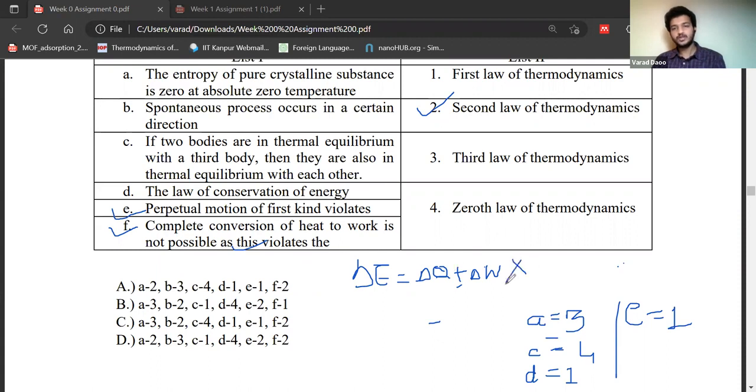However, the first law does not tell us how much heat can be converted into work and how much work can be converted into heat. That is the second law, which tells us that heat is a lower grade of energy, whereas work is a higher grade of energy. We cannot convert all the heat into work, but all the work can be converted into heat. So this is the second law. That means F is 2, and this is the correct answer, right?